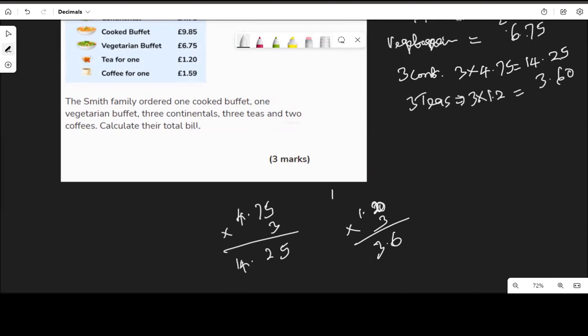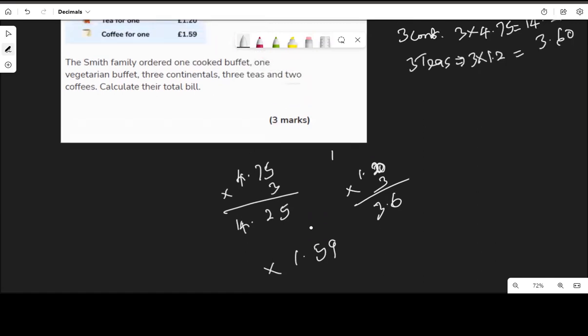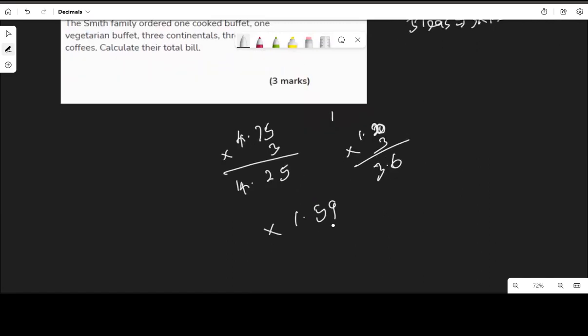2 coffees. The cost of coffee is 1.59. So 1.59 multiplied by 2. 2 times 9 is 18, so write 8, carry 1. 2 times 5 is 10 plus 1 is 11.